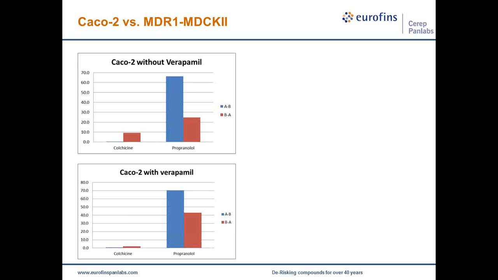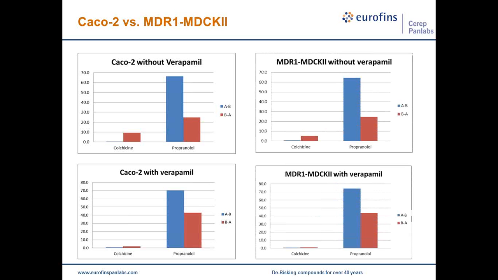So this is data in the Caco-2 cell. And the same thing when we use the MDR1 MDCK cell line with and without verapamil: we see a big difference for colchicine, but there's no effect on propranolol.